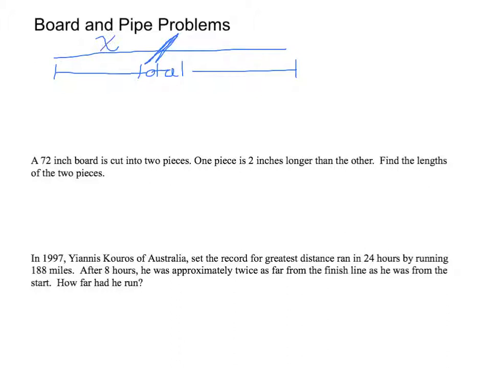You're going to let one part be x. You're going to use the problem to tell you what the other part should be. And then what you'll do is you will add the two parts together and set them equal to the total.